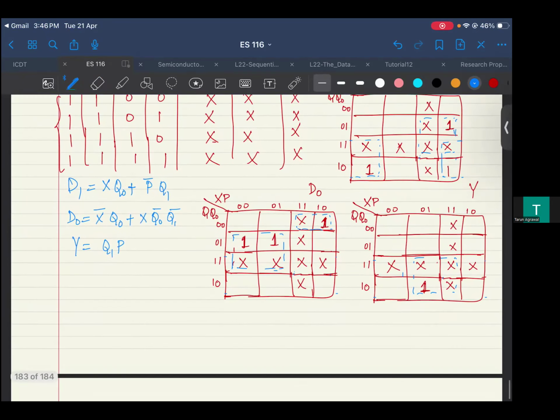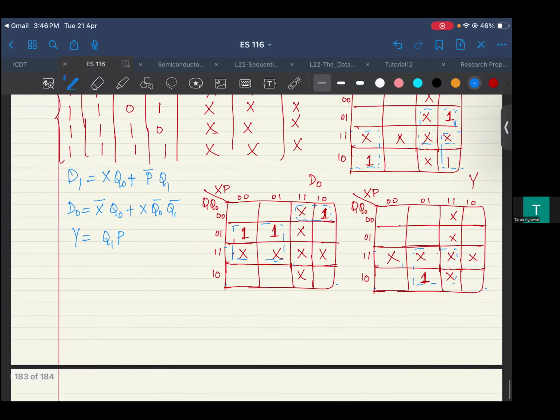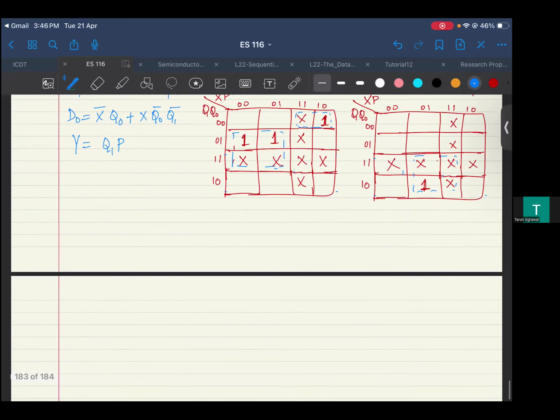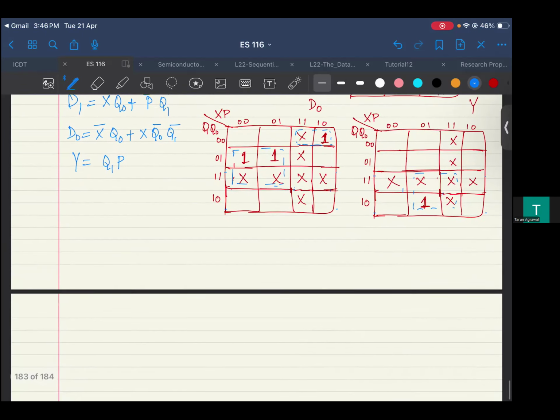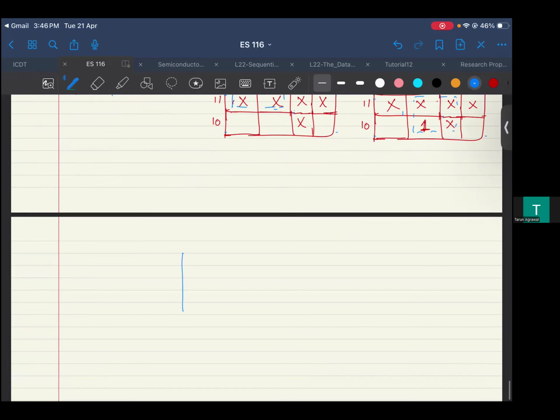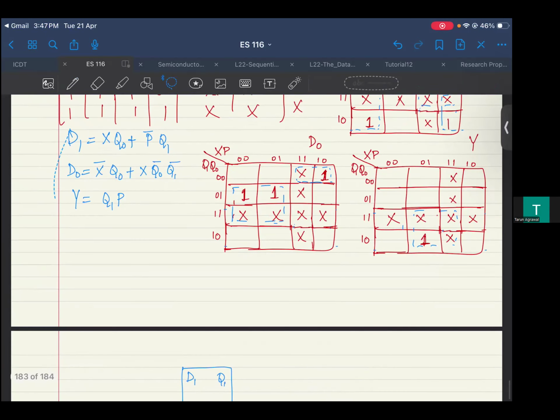Okay, so we see these relations out of this Karnaugh map, right? And then one can implement this, as we saw that there were two flip-flops one would need, right? So this is, let's say, D1, Q1, Q0. Let me just copy these relations, which we got, right?